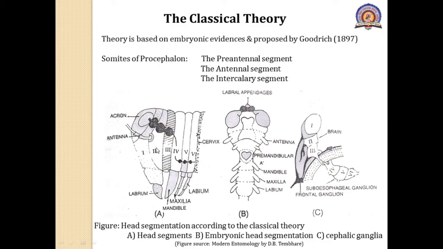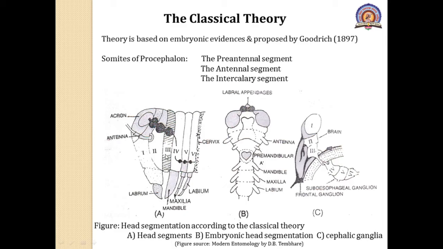Then the second segment is the antennal segment. The antennal segment consists of the deuterocerebral part of the brain. Here you can see in this diagram the second pair of cephalic coelomic sacs in the embryo and the antennae as segmental appendages which arise in the adult condition. This is about the antennal segment.